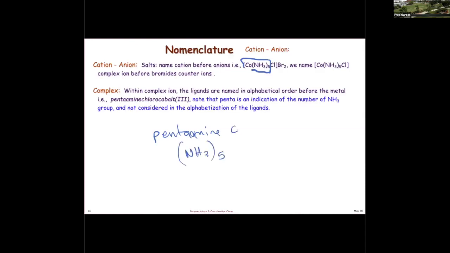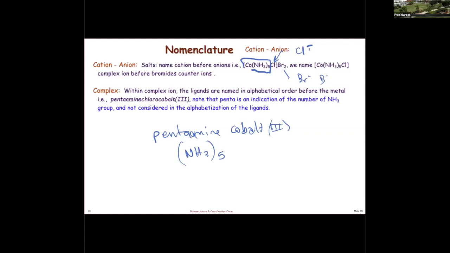And then it's cobalt. And then if you look at this right here, there's a chloride that's a -1, and there's 2 bromines that are -1 apiece. So in order for that whole thing to be neutral, that has to be a cobalt 3.